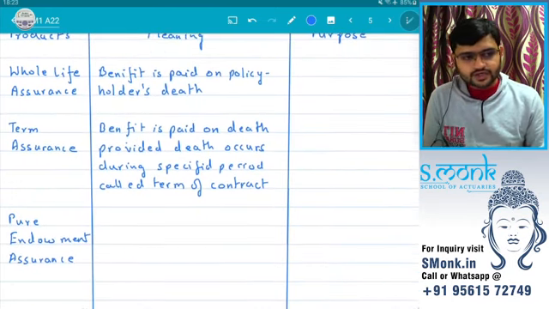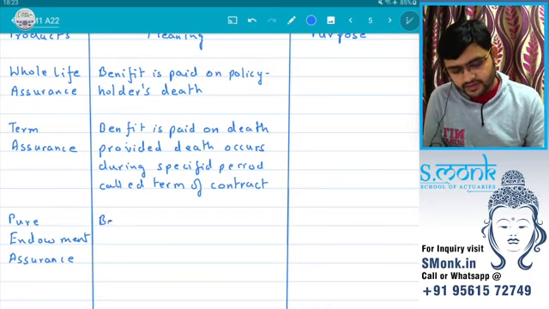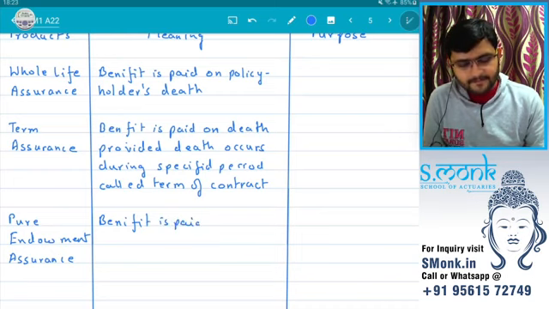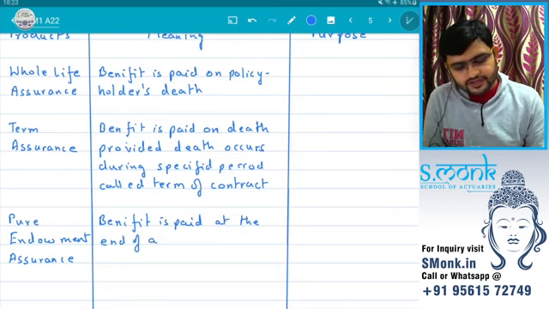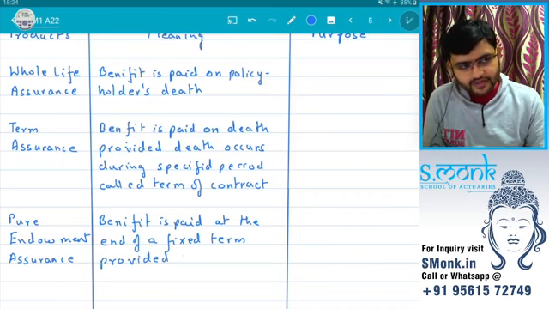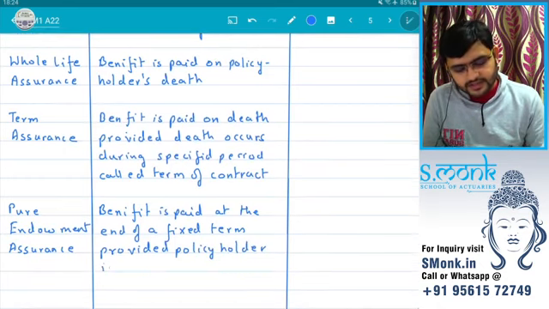In pure endowment assurance, we say the benefit is paid at the end of a fixed term, provided the policyholder is then alive.